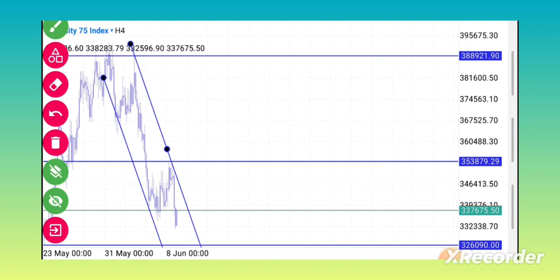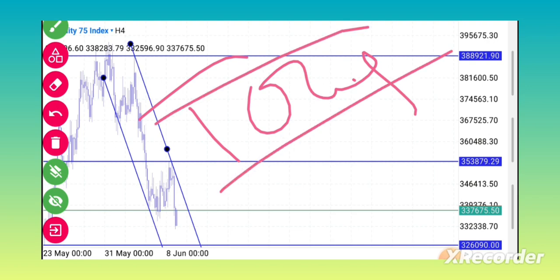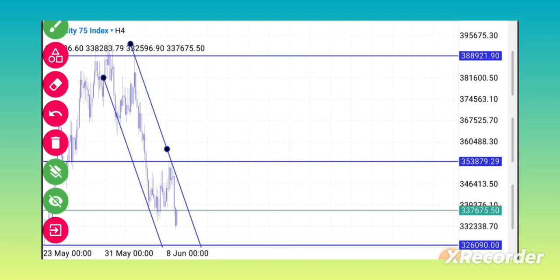Before we go into the live market and start looking for the pattern, we always need to do our top-down analysis. What is top-down analysis? It helps us identify the overall movements of the market and the price, and gives us predictions to know where the market will be heading.